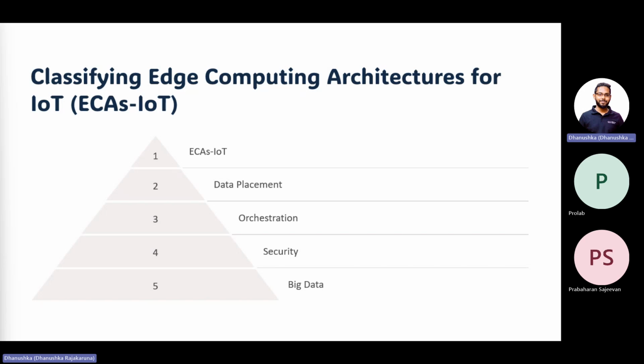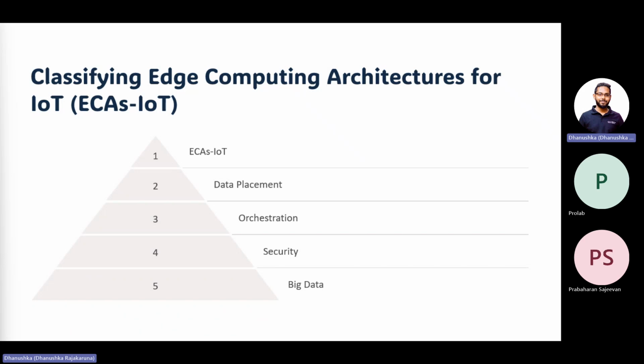Based on resource scalability, we can tell fixed edge architecture, like HVAC systems in smart buildings, and elastic edge architecture, like retail IoT during peak shopping seasons. Emerging edge computing architectures for IoT include serverless edge compute architectures, blockchain-integrated edge architectures, and digital twin architectures.